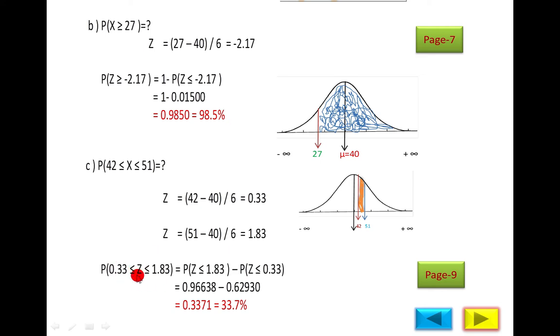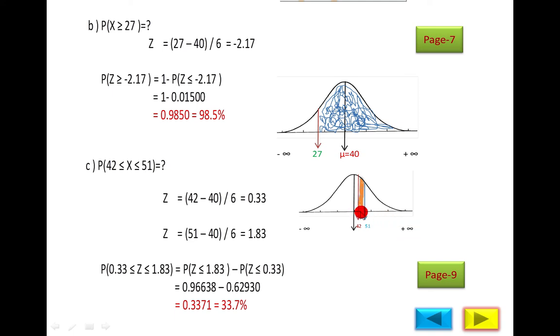For this type of condition, first we write the upper value, z less than or equal to 1.83, minus sign, z less than or equal to 0.33, same as in binomial and Poisson distribution. For between two values, we subtract the lower value from the upper value.